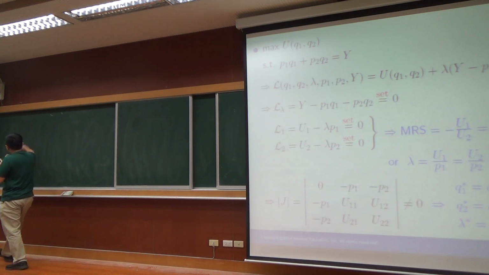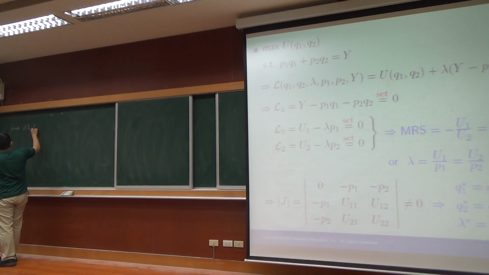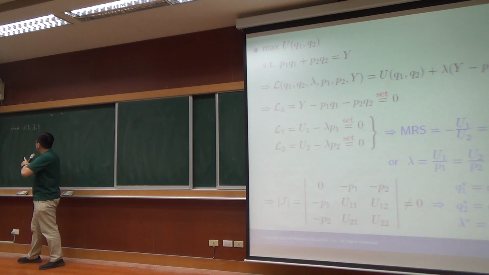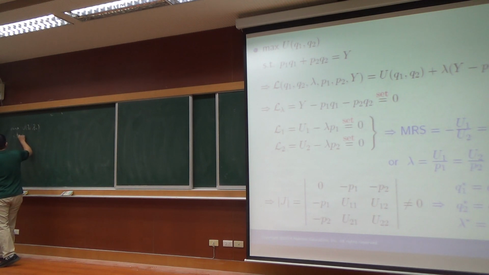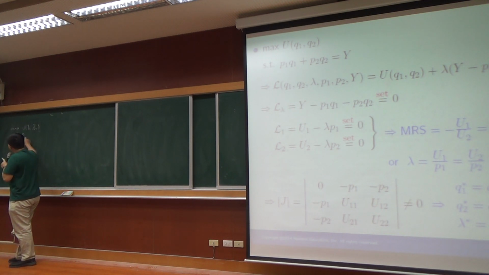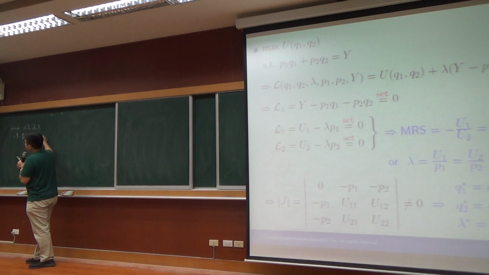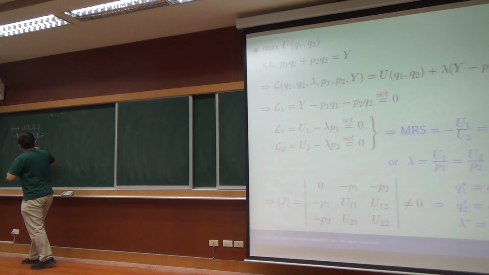Now our objective function would be the utility function, u of q1 and q2, the quantity of good 1 and good 2, subject to P1 Q1, the expense on good 1, plus P2 Q2, the expense on good 2, less or equal to, but since we maximize the utility, it would be an equal sign here, equals our income.